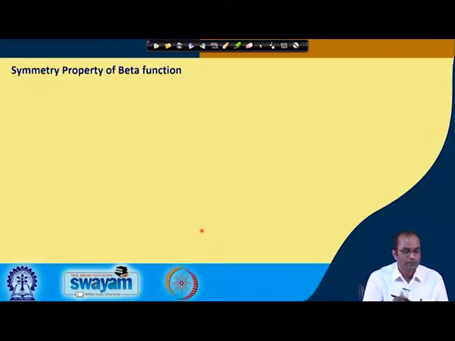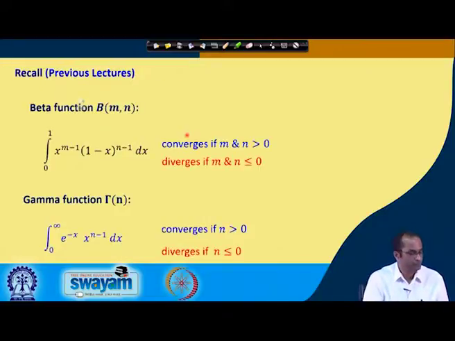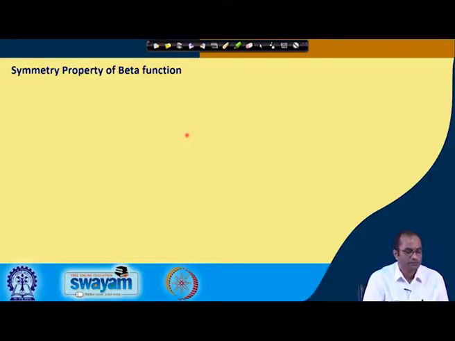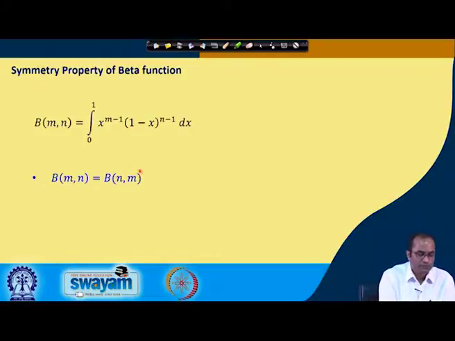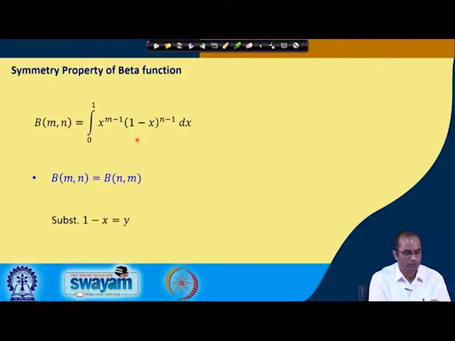First we will discuss one nice property of the beta function, which is the symmetry property. This is the improper integral for beta(m, n), and if we substitute 1 minus x equal to y, then we can easily see that beta(m, n) is equal to beta(n, m).